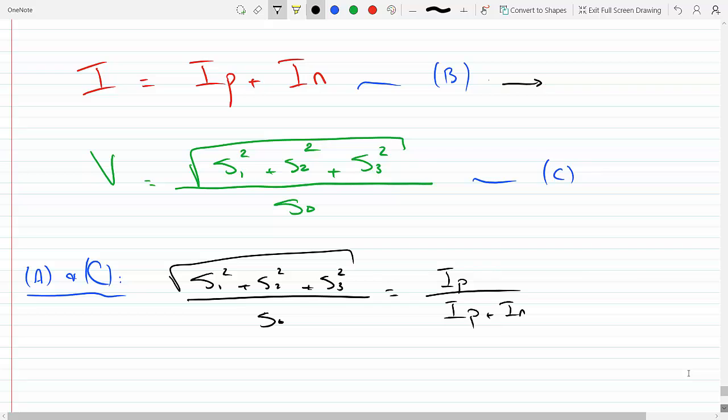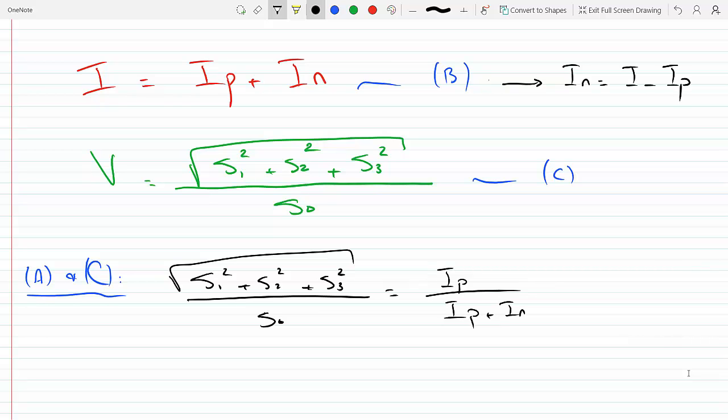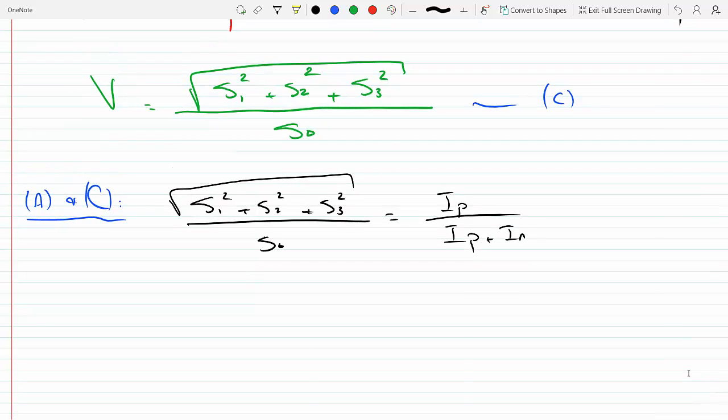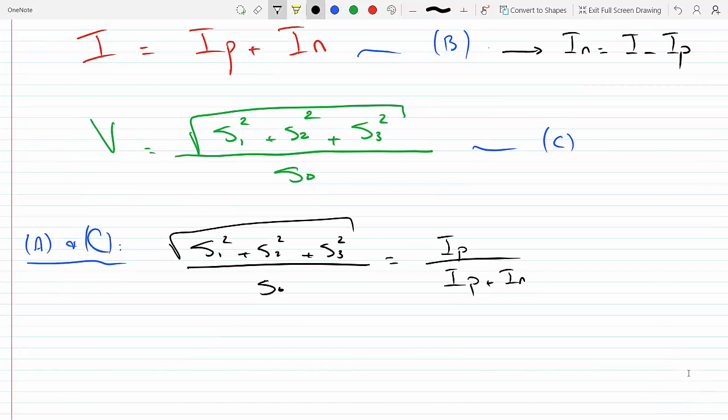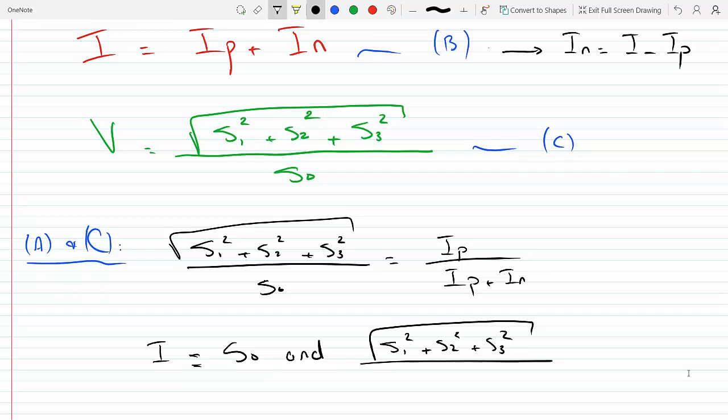And from equation B here, I could say that IN is equal to I minus IP, and now from 1 and 3 we get that IP, or first I has to equal S0, and IN, so replace that with the square root of S1 squared, S2 squared, S3 squared over I is equal to IP.